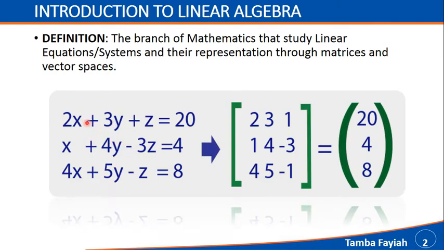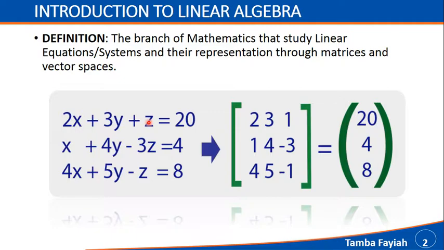So here you can see these linear equations. There are 3 of them, and then they have 3 variables: x, y, z. We call those variables, or you may hear someone calling them unknowns. Yes, they are unknown right now.